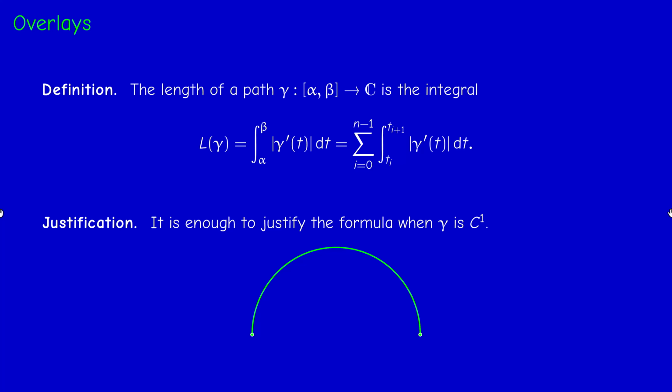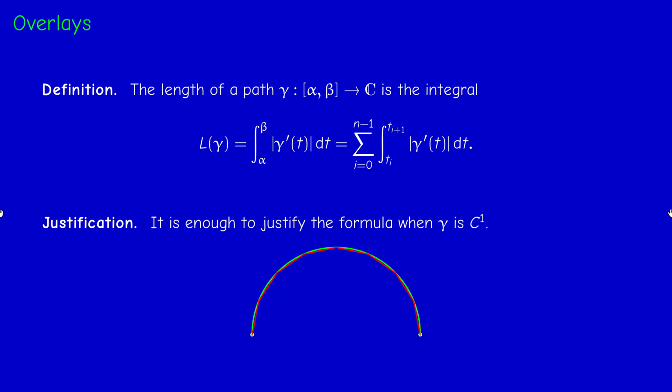So, okay, what is the idea? The idea is to approximate the path by a sequence of polygonal paths, like this. Okay, this is one crude approximation. This is a better approximation.